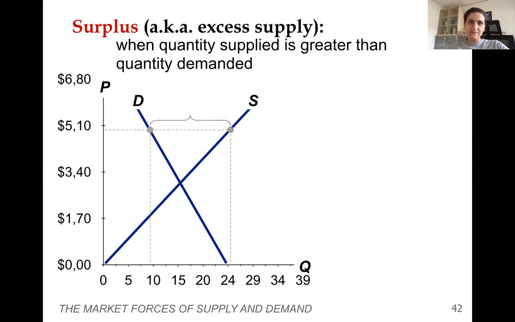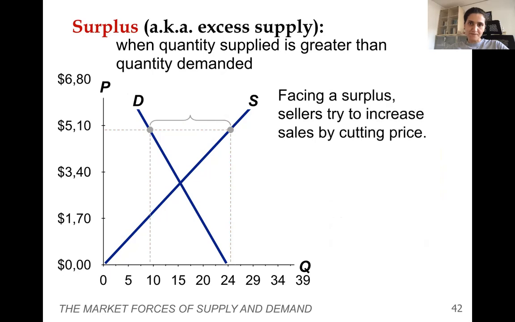Facing a surplus, sellers try to increase sales by cutting the price. As the price decreases, quantity demanded will increase, so the surplus will shrink, and the price will move down toward the equilibrium price.